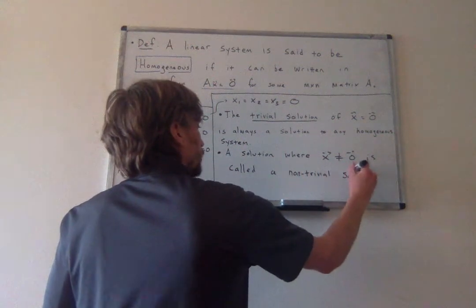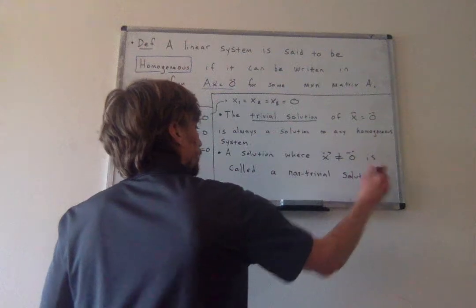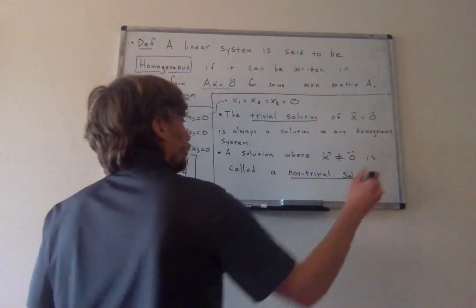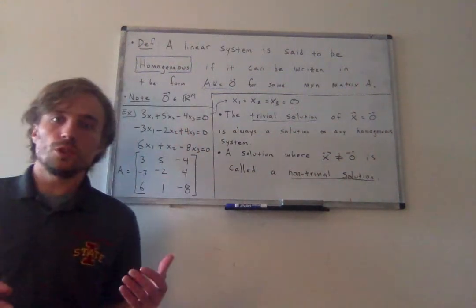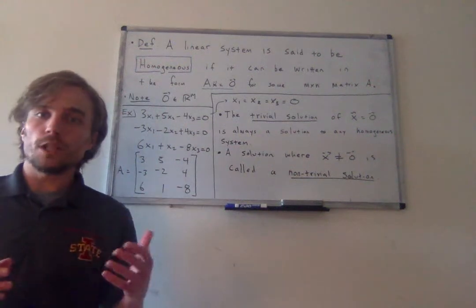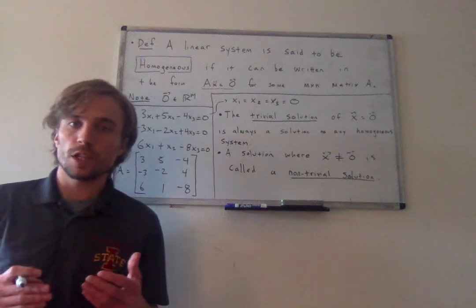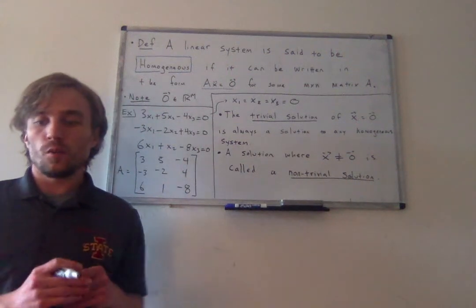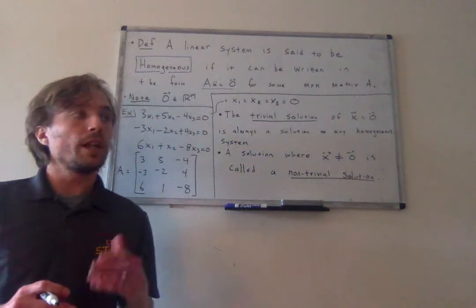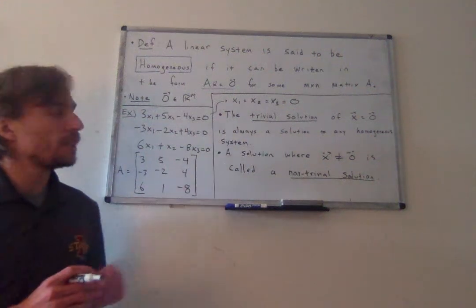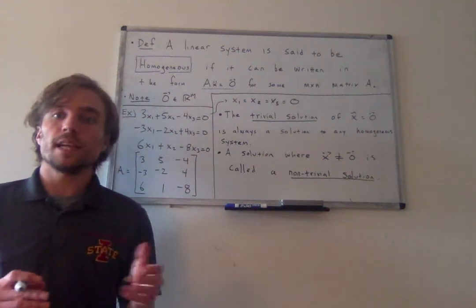What I specifically want to do in this video is talk about when we get non-trivial solutions, what properties those systems will have, how we can interpret those non-trivial solutions, and when we get only trivial solutions. Like, when do I have a homogeneous system of equations that only has the trivial solution?